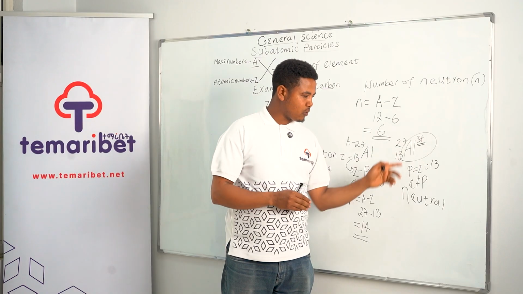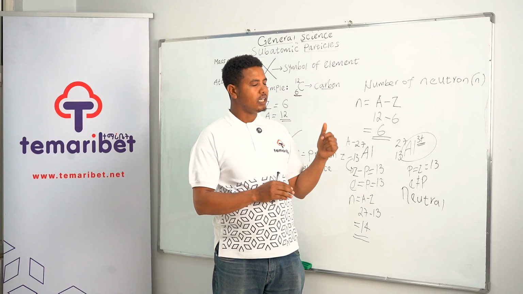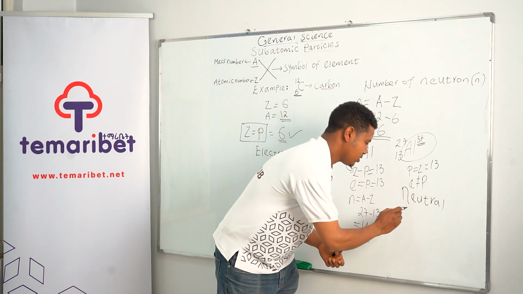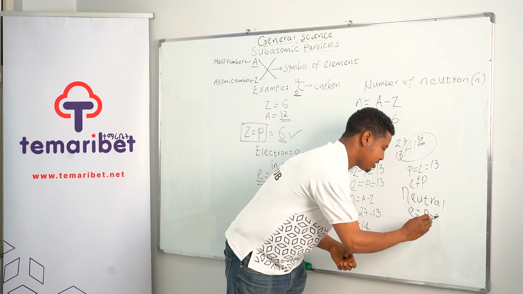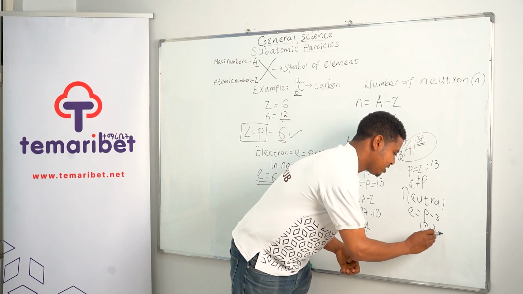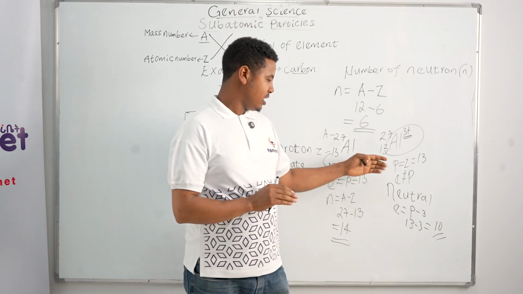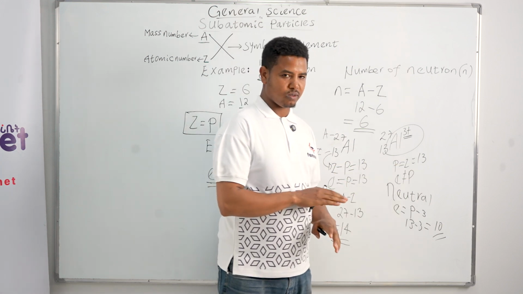Here there is a 3 positive charge. Recall the electron is negatively charged, so we deduct 3 here. So electrons in this case are P minus 3. So 13 minus 3, the number of electrons becomes 10. It's not equivalent to the proton.